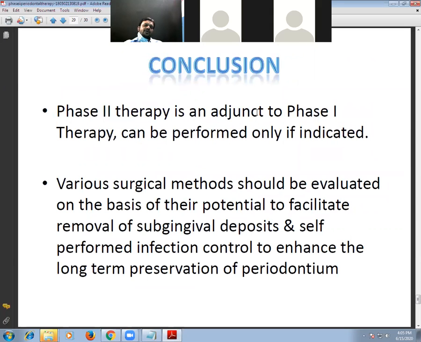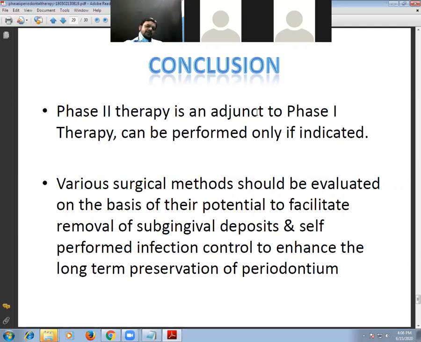Okay, so this is all about your phase 2 therapy. Then we are performing various endodontic treatments, that is root canal openings as well as BMPs, during your phase 2 therapy. So this is all about phase 2 surgical therapy related to periodontal therapy.